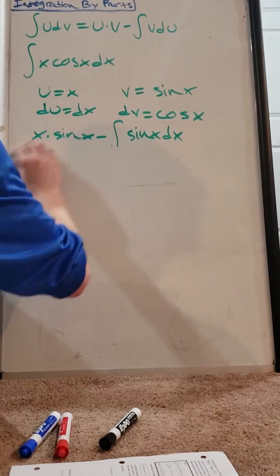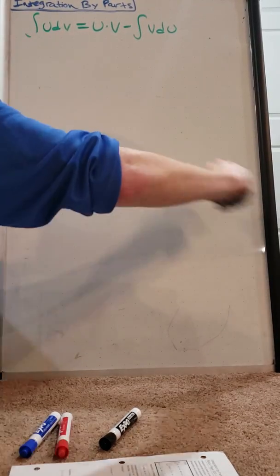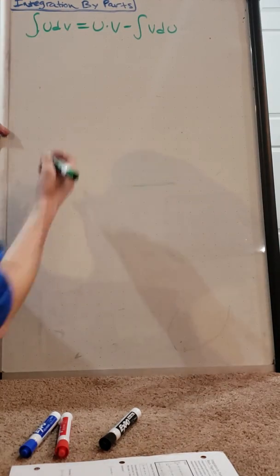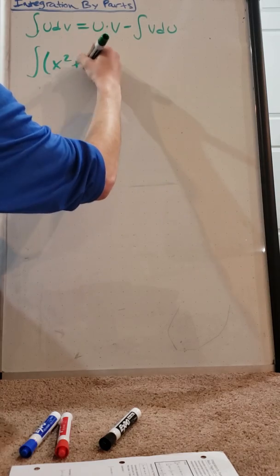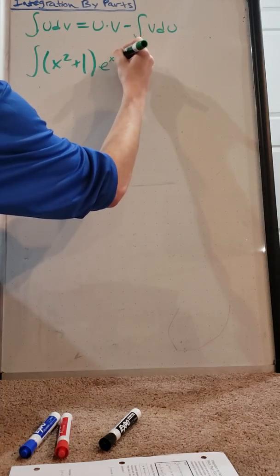Going on to the next one, we have the integral of x squared plus 1 times e to the x dx.